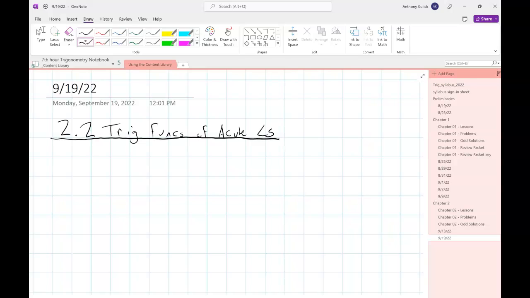So recall in geometry, when we did sine of x, cosine of x, tangent of x, where did we have to get the x from? Okay, it had to be an angle measure, specifically from where? An angle.